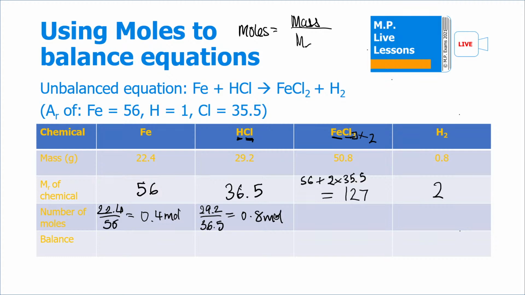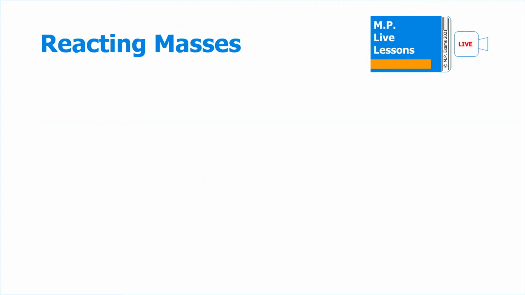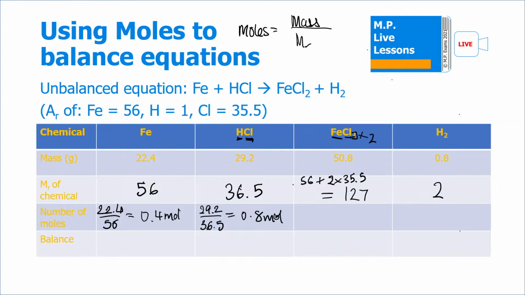For the next one, iron chloride, we have 50.8 divided by its mass, or its relative formula mass.